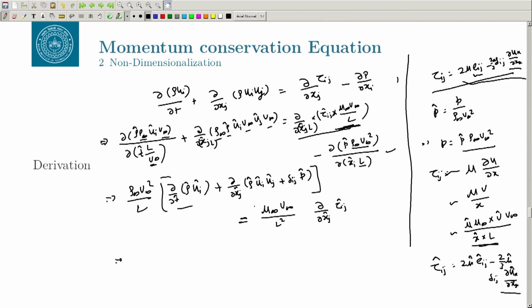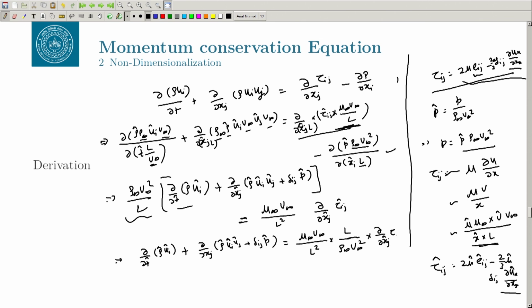If you take all these left terms on the right side, what we will have is del by del t rho hat u_i hat plus del by del x_j rho hat u_i hat u_j hat plus delta_ij p hat would be equal to mu infinity u infinity by L square multiplied by, I am taking all this on the right side, L square by rho infinity u infinity square, which is L, not L square, into del by del x_j hat tau_ij hat.